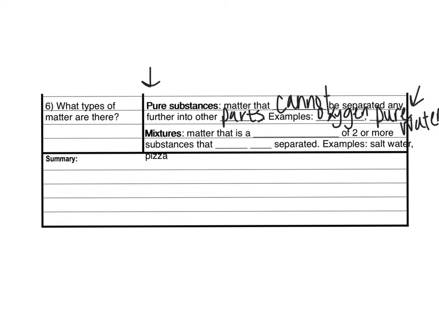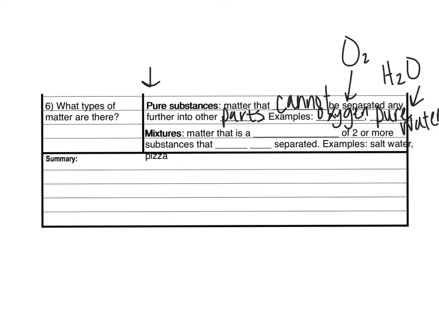But pure water is after it's distilled and evaporated. This is all H2O. Oxygen is oxygen with just an O, and as a gas, it's 2 oxygens. So I cannot break anything that's pure up into any other parts.